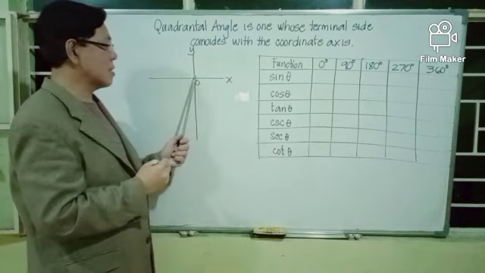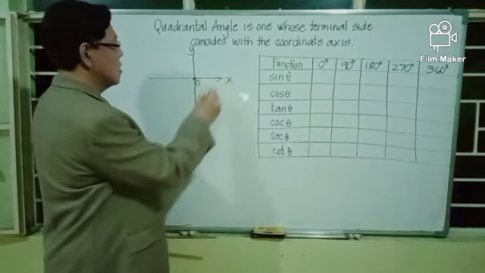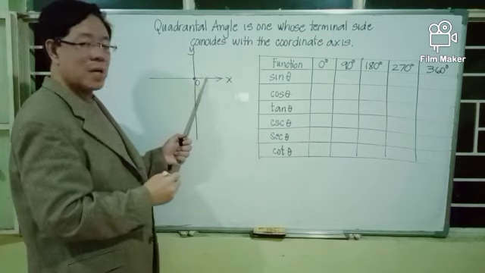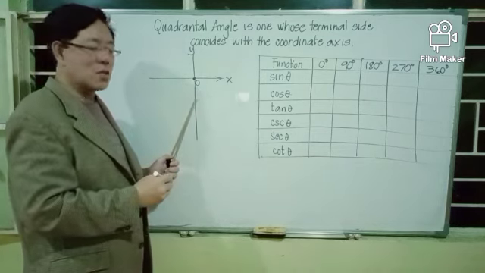Its initial side is on the positive side of the x-axis, and from the positive x-axis we measure 270 in the counterclockwise direction.